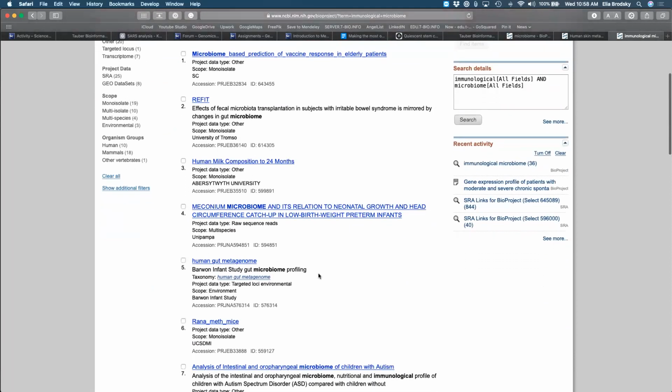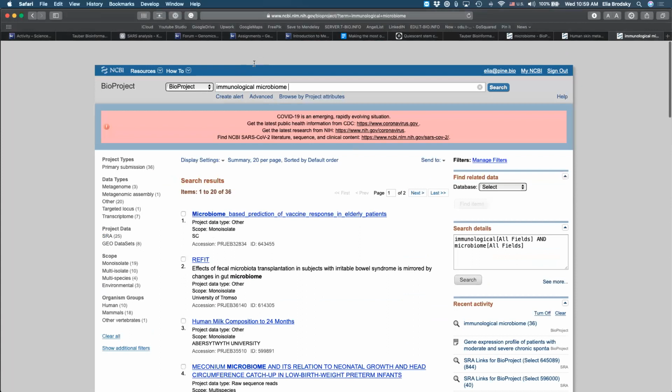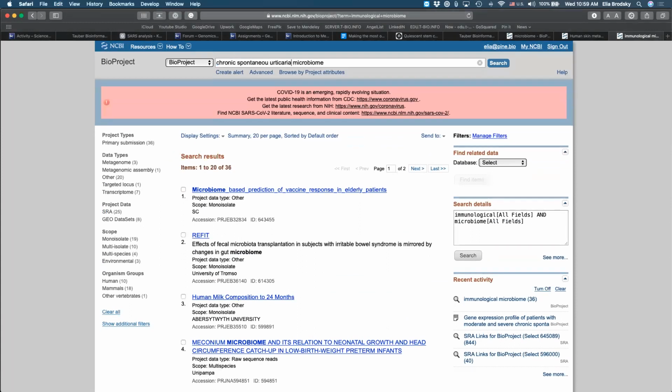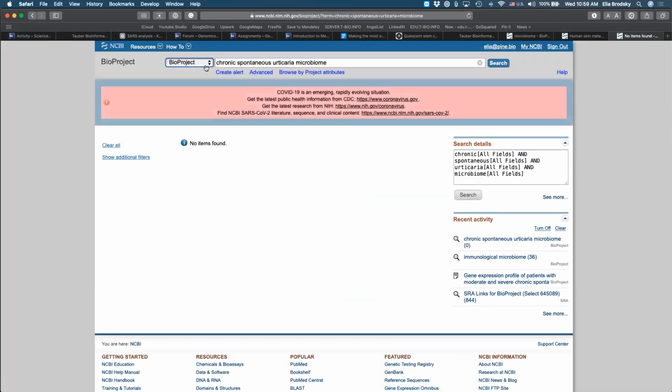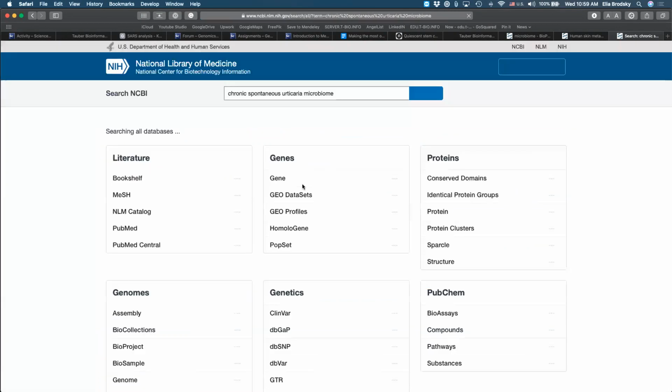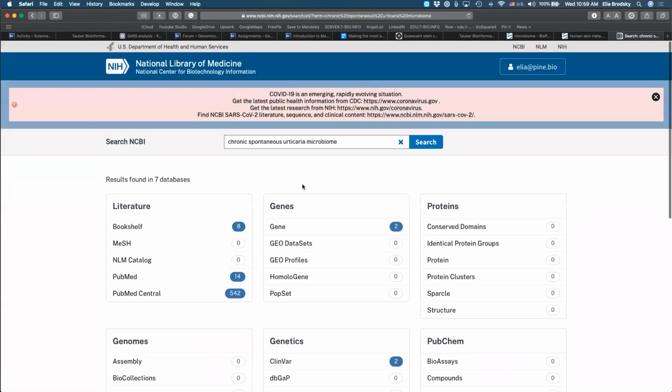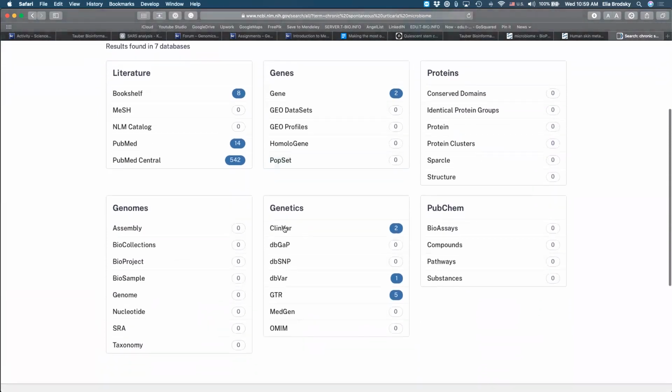So, okay, chronic spontaneous, let's see, I don't know what that is. Chronic spontaneous. It looks like you have some clinical data and maybe some specific genes that are associated with this.